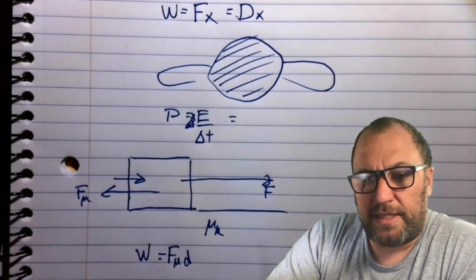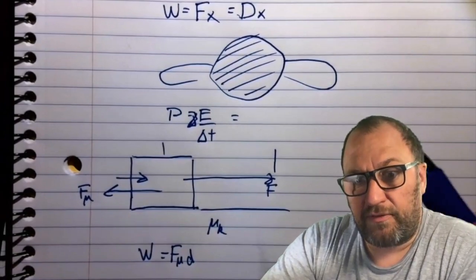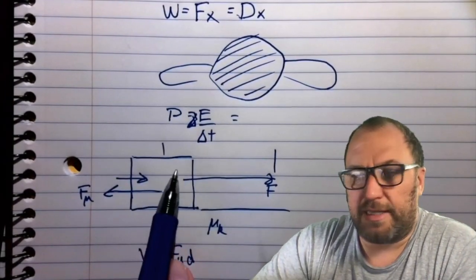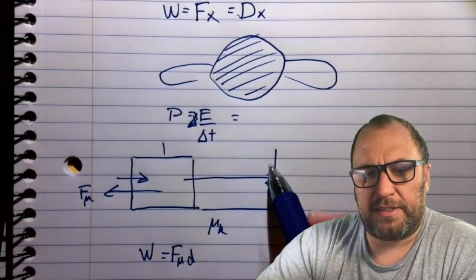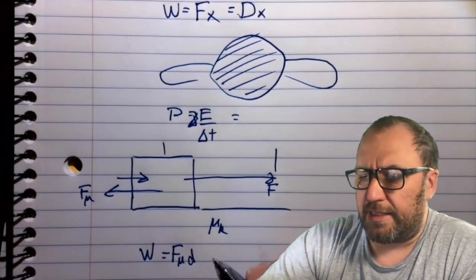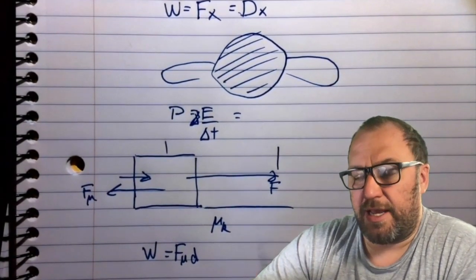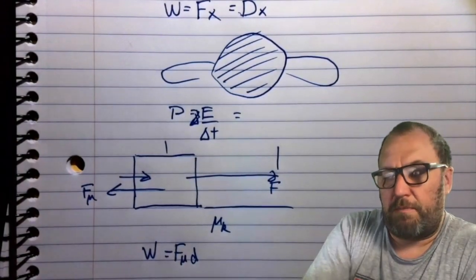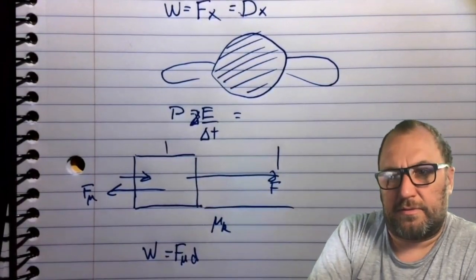Then you might say, well, how long did it take me to travel this far? So if I travel at this velocity, I can find a distance here. I can find out how much time that took, and then I could say, what's the power? Right? What's my metabolic power that I'm expending to do this?